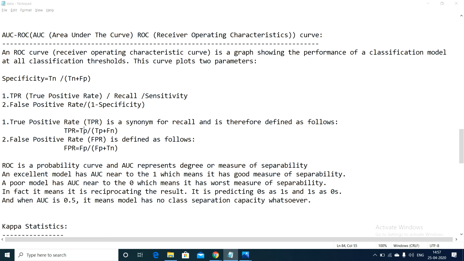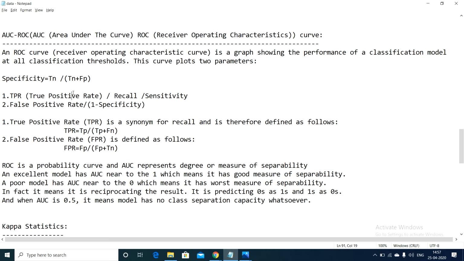True positive rate is TP by TP plus FN. This is what recall is. TPR is also called recall. Recall is also called sensitivity. Sensitivity, recall, TPR, everything is the same.